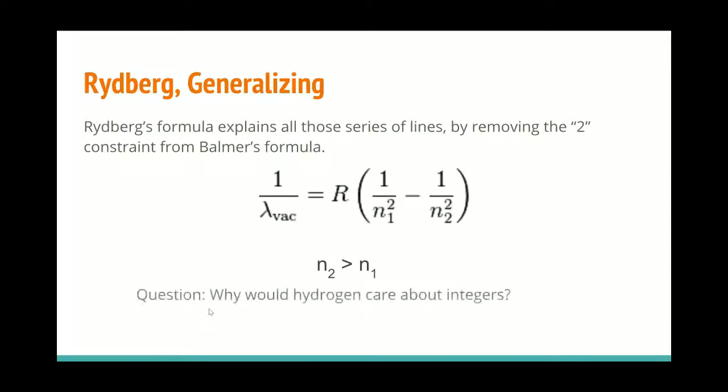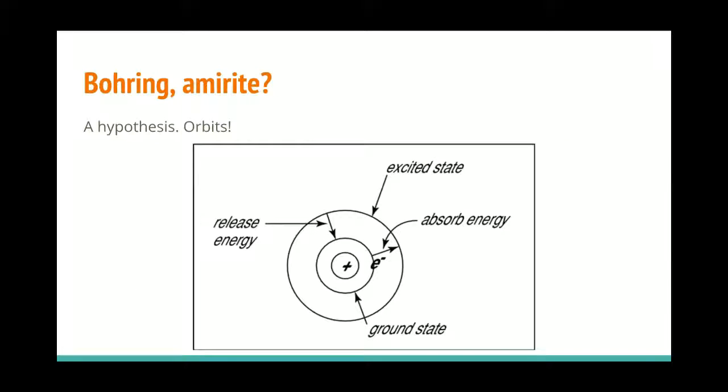But the question people immediately came up with is, why the hell would the hydrogen atom care about numbers? It's an atom, not a dork. It's not a geek, right? So why would it care about integers? So let's step to the side and go to the Bohr model of the atom.